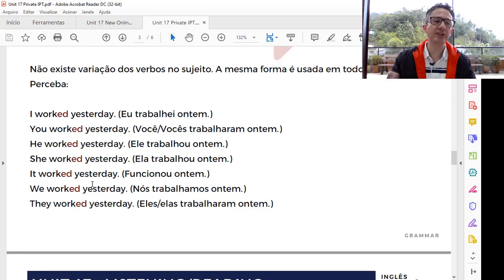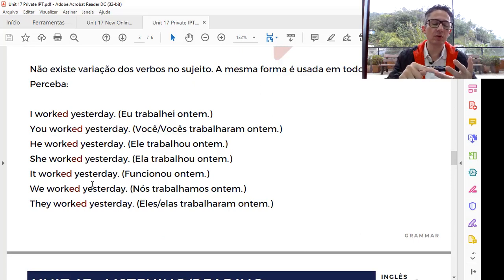She worked yesterday. It worked yesterday. Remember, to work is trabalhar or funcionar, right? Dar certo, funcionar. We worked yesterday. They worked yesterday. So it's the same.